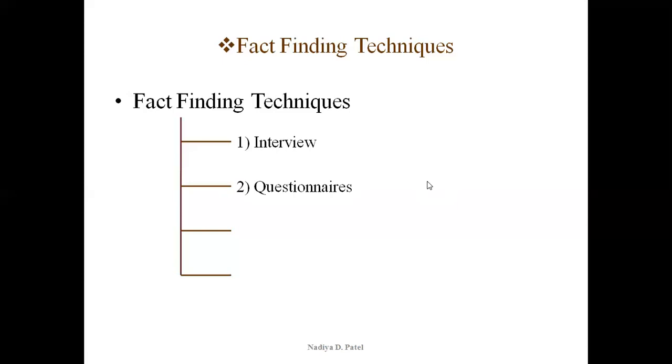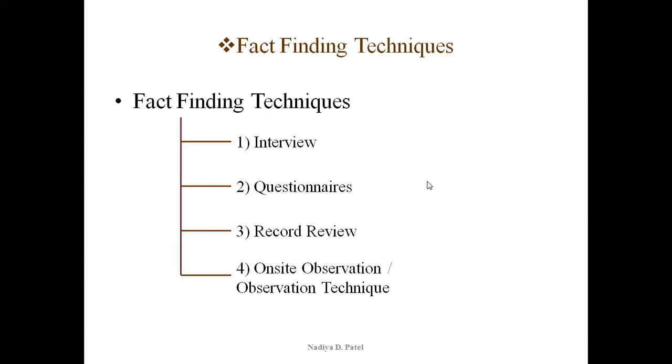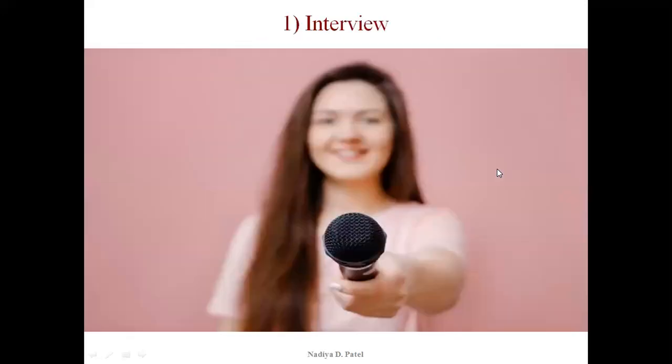These are not questions, but questionnaires. The third technique is the technique of record review. And the last technique which we are going to study is the technique of on-site observation or observation technique.